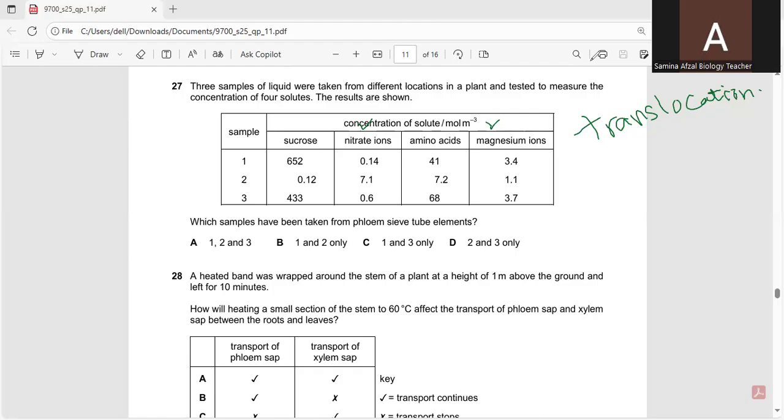The first sample has the highest concentration of sucrose and amino acids, whereas the nitrate ions and magnesium ions are in lower concentration. So the first sample has been taken from the phloem.